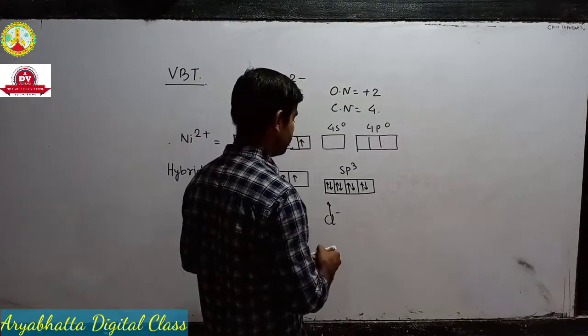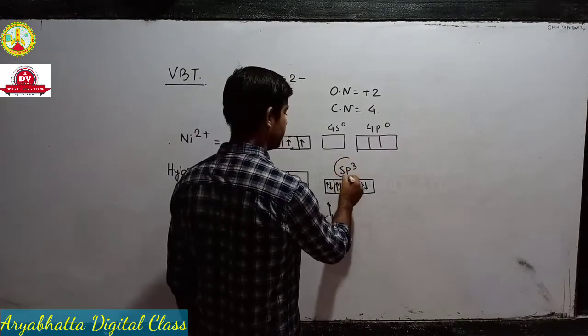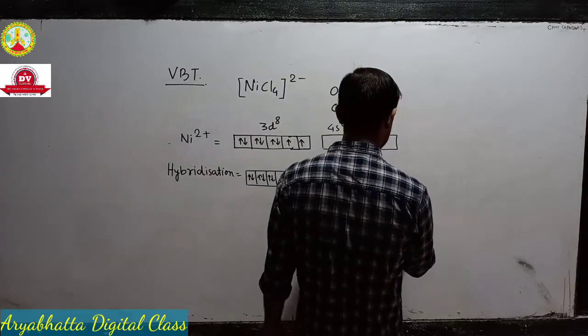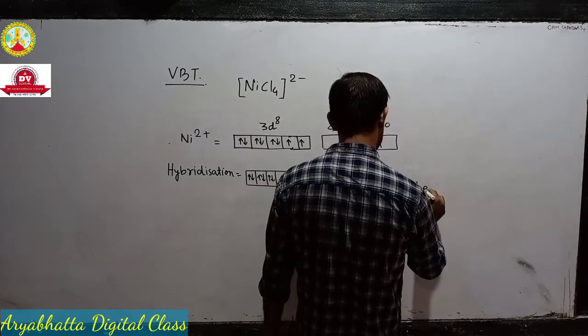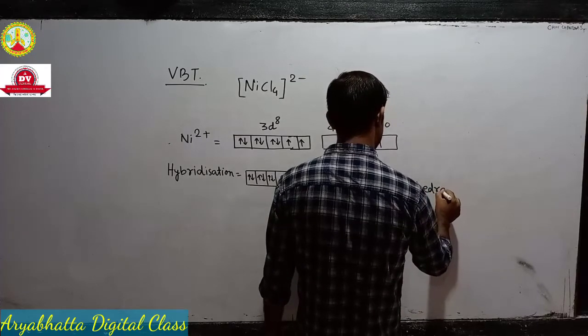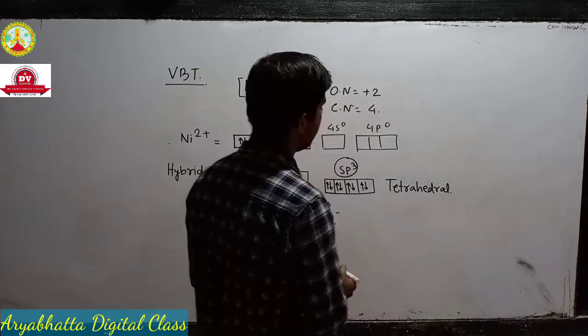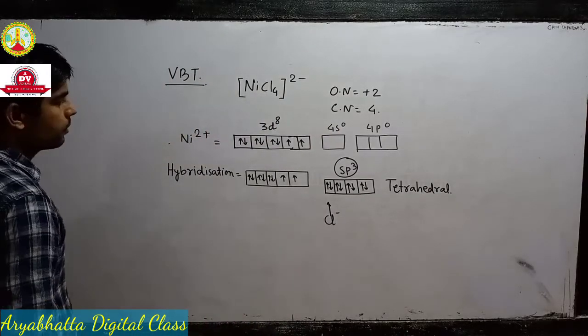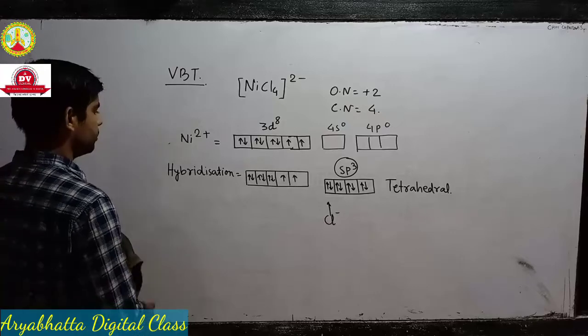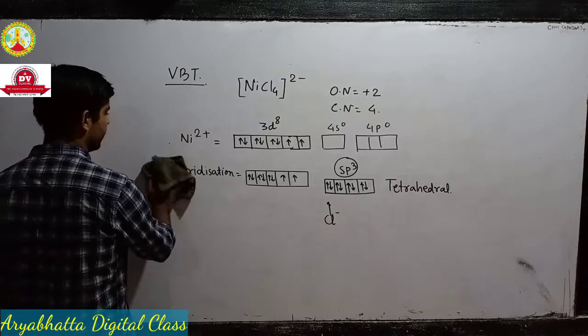At the same time, since the hybridization is sp3, the structure will be tetrahedral. It will have a tetrahedral structure and it will be paramagnetic in nature since we have two unpaired electrons.